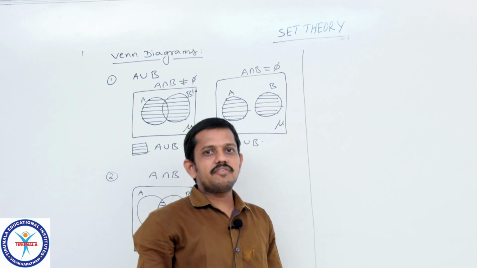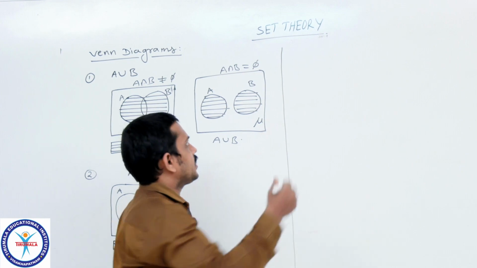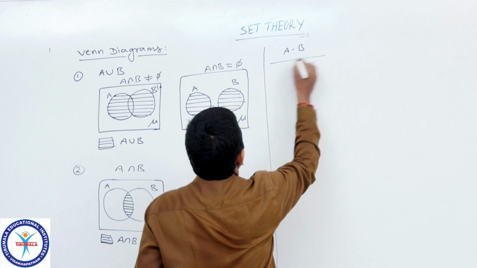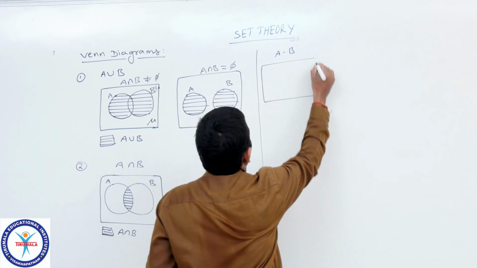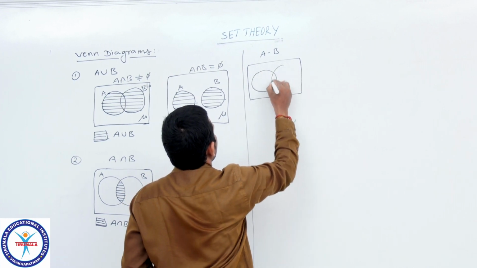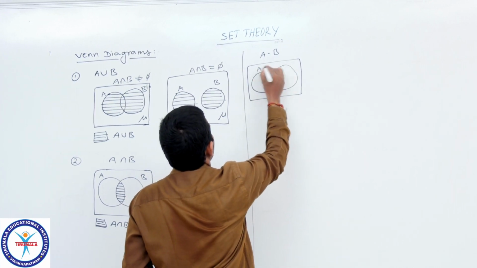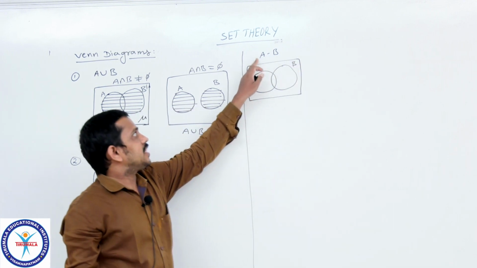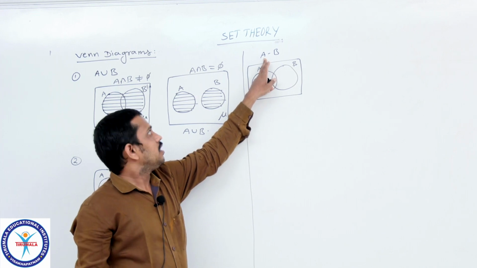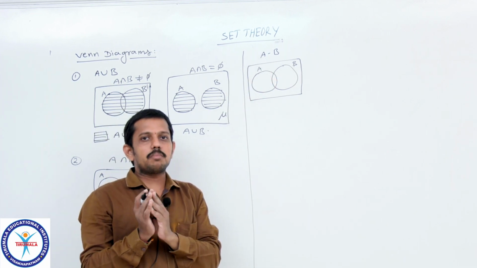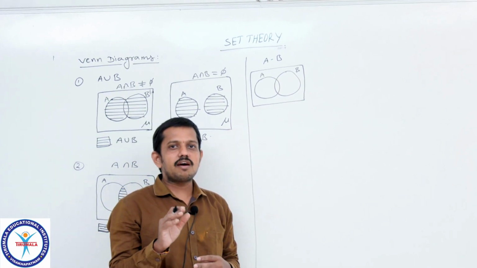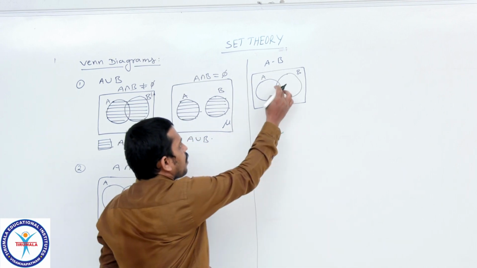Now, what is the Venn diagram for the difference of any two sets, A minus B? Set A and set B. Here what is A minus B? The set of all elements only in A, not in B. It means the elements belonging only to A, but not belonging to the common region of A and B. Here what is the common region?